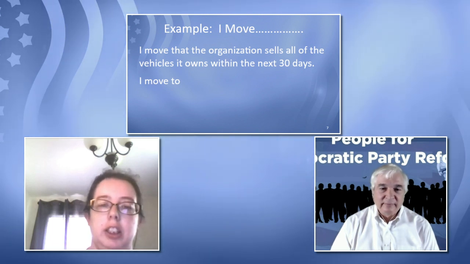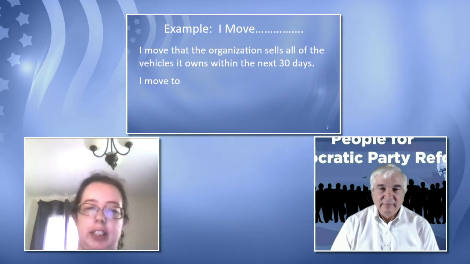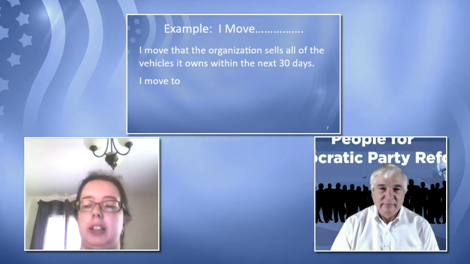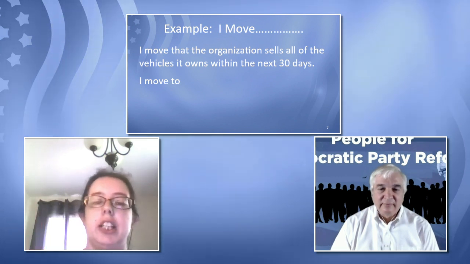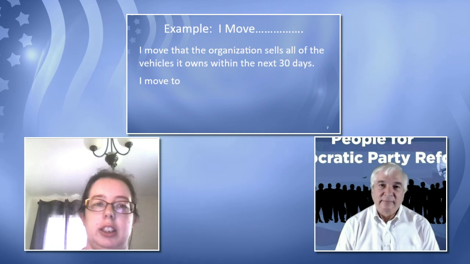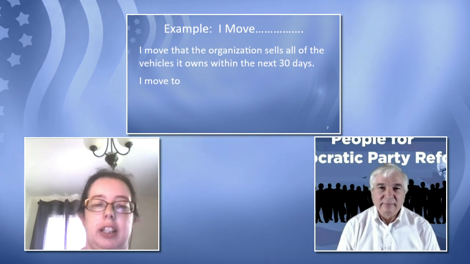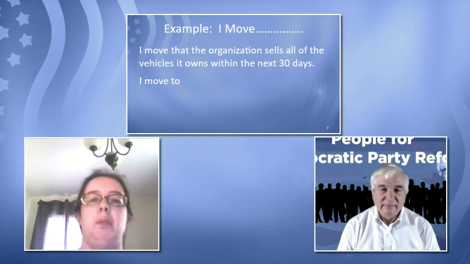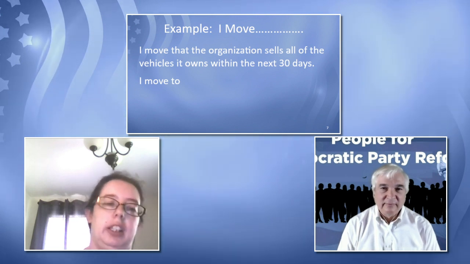And it's the job of the presiding officer also to keep things restricted to that topic. Sometimes members want to go off on a tangent and talk about something else, and it's the presiding officer's job to say, that's not what we're talking about right now, but bring that up later when it's appropriate.